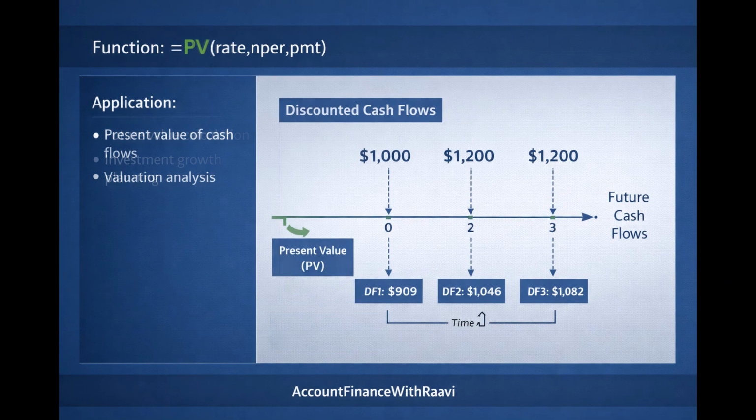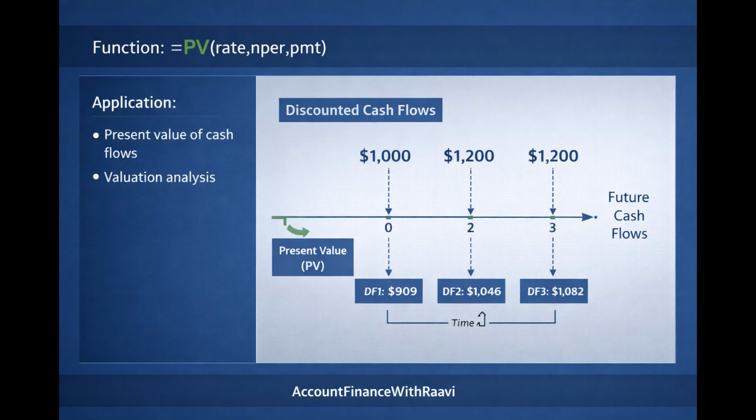Then the next one is present value. If you want to convert the forecasted cash flows into the present value, or if you want to convert a future value into present value, then we will be using this present value function. Generally this is used for the present value of cash flows, and mainly we'll be using it in valuation analysis, because nowadays the most commonly used business valuation technique is DCF, that is discounted cash flow.